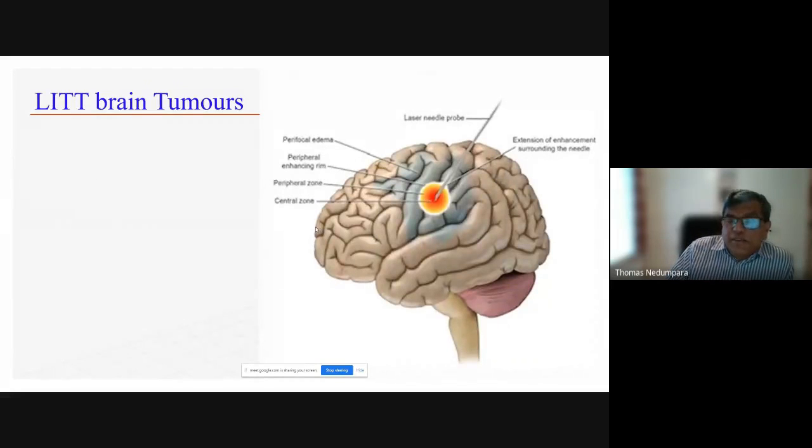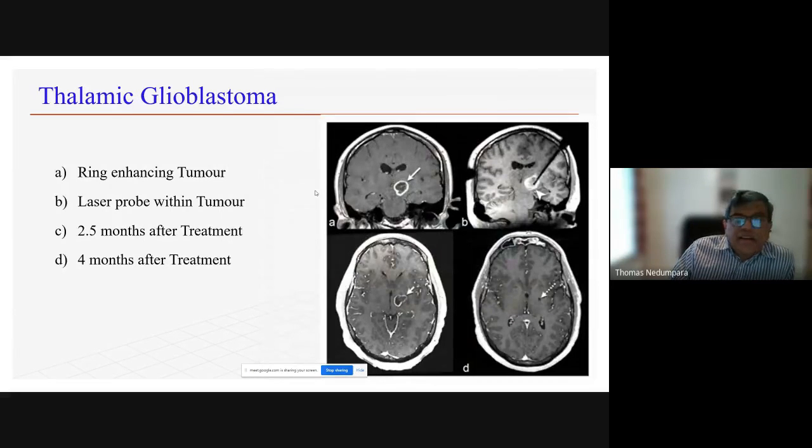So this is a picture of laser being used for that purpose. You can see a ring-enhancing lesion. It's a glioblastoma, a brain tumor. The laser is inside the tumor, and after treatment, it has shrunk.